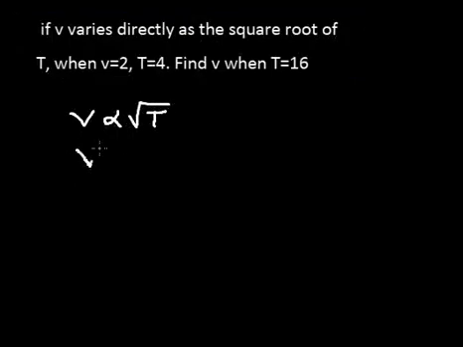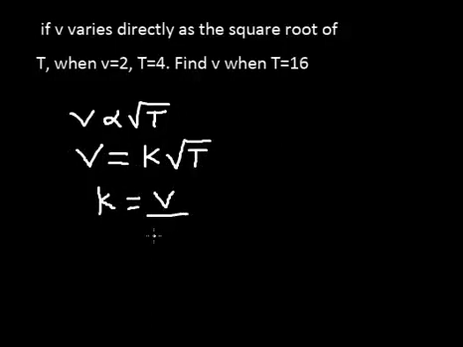Don't forget that I have to introduce a constant. So v is going to be equal to k times the square root of t, and of course my k is going to be equal to v divided by the square root of t. So let's go there.